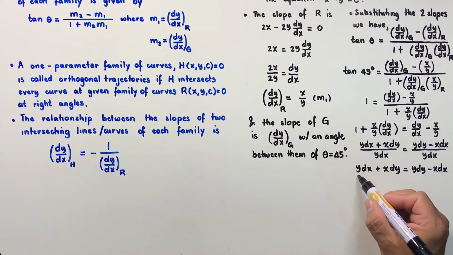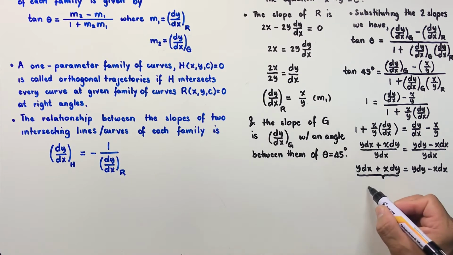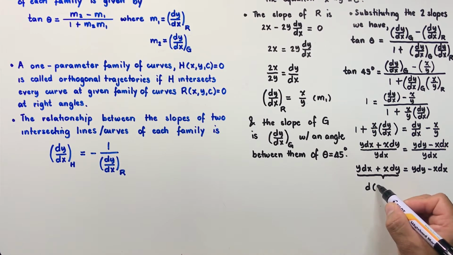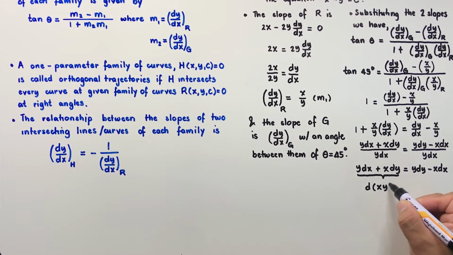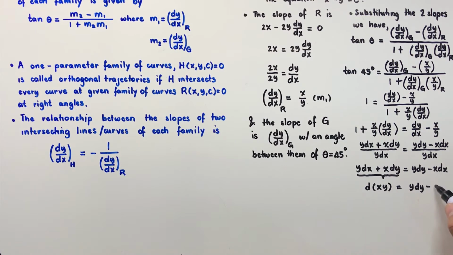And we noticed that this is already an integrable combination because this is the derivative of a product of x and y. And this differential is equal to y dy minus this x dx.